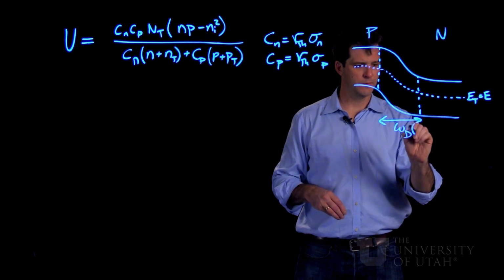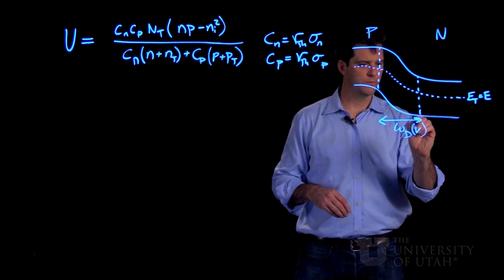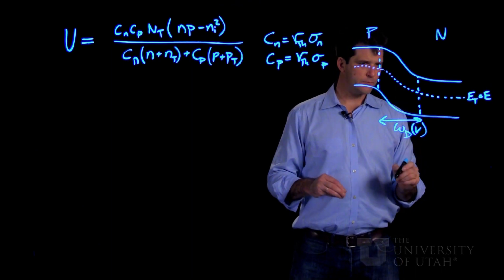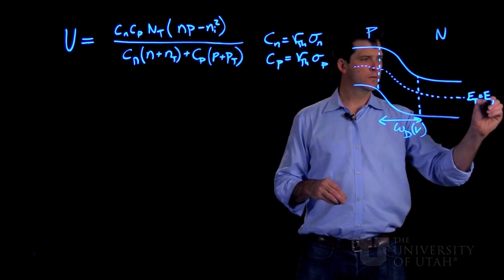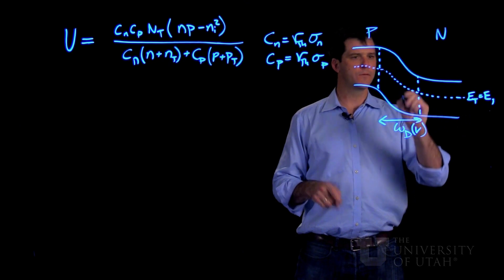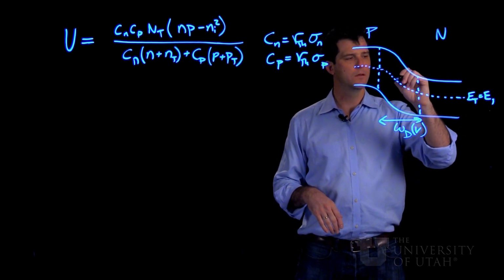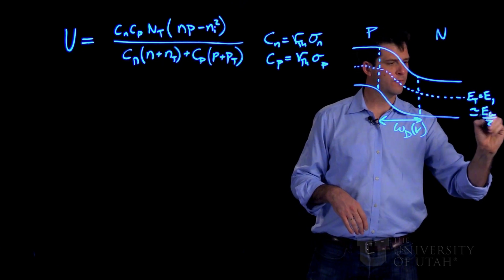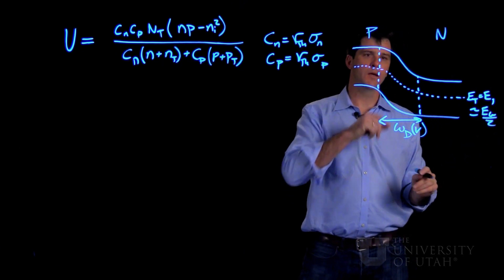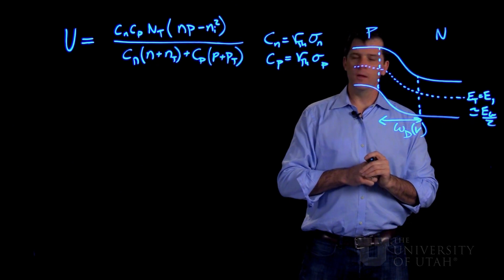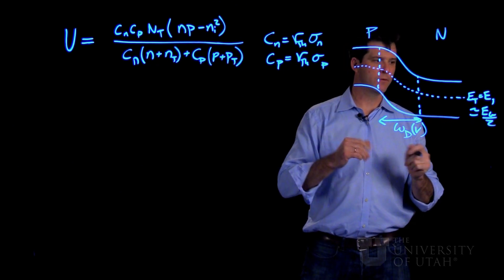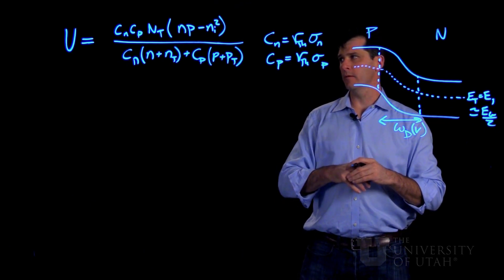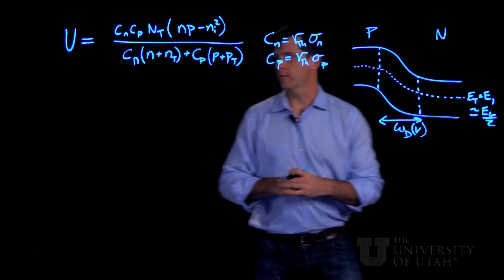Here's our depletion width, and I'm going to point out that this does depend on voltage. The intrinsic Fermi level is approximately at E gap over 2 inside the band gap, and that will have some consequences in a minute in terms of the temperature dependencies of the diode current also.